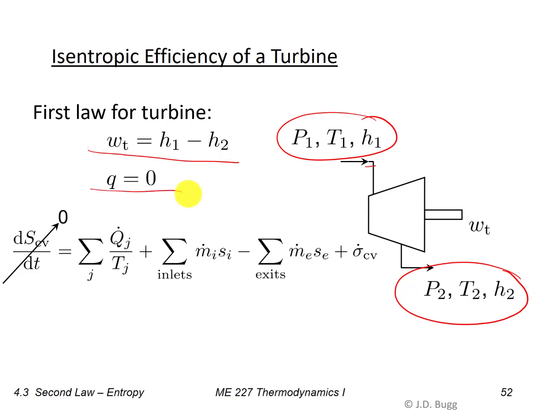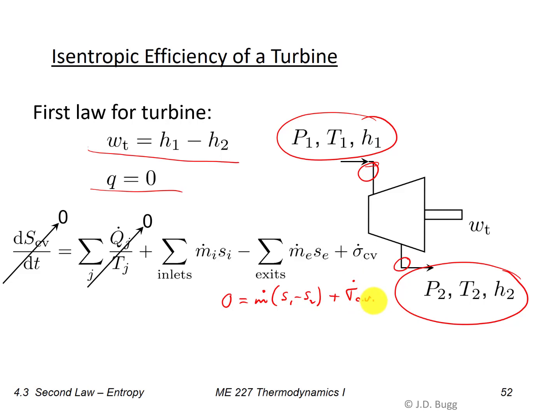Remember, Q is 0 in the energy equation, so Q will also be 0 in the entropy balance. And we have a single inlet and a single exit, so these summation signs disappear, and of course the mass flow rate is the same in both. So we could rewrite this: 0 equals the common mass flow rate times S1 minus S2, plus the irreversibilities.